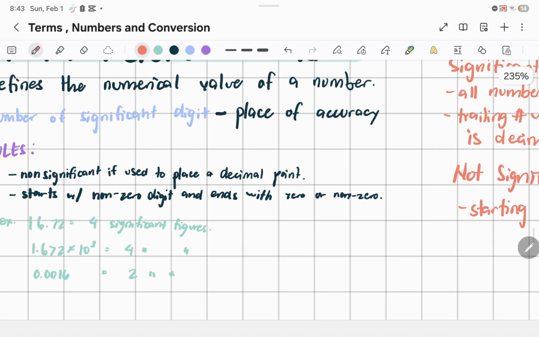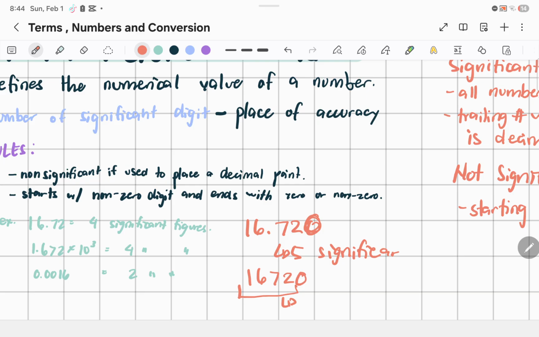If it is 16.720, then it also has 5 significant figures. This is a trailing 0, and a trailing 0 with a decimal point is considered significant. But a trailing 0 without a decimal point is not significant. Therefore, 16,720 without the decimal point has only 4 significant figures.